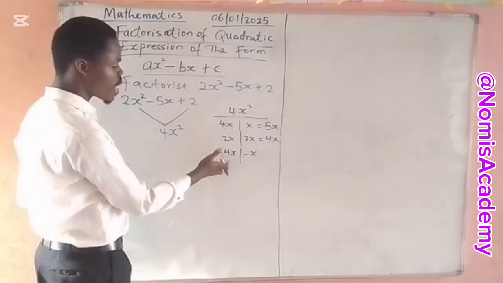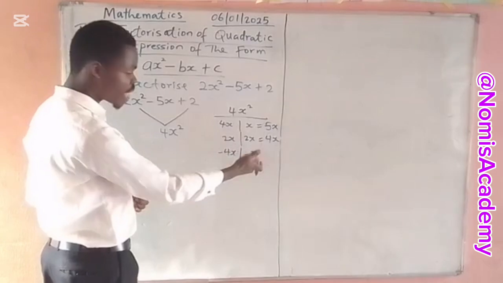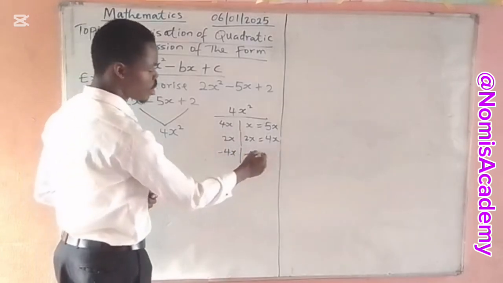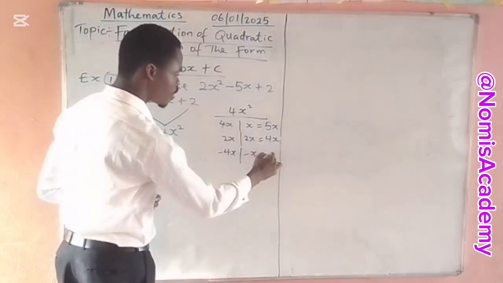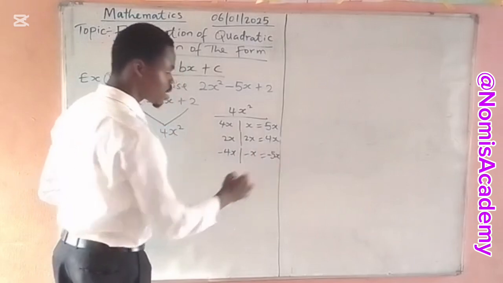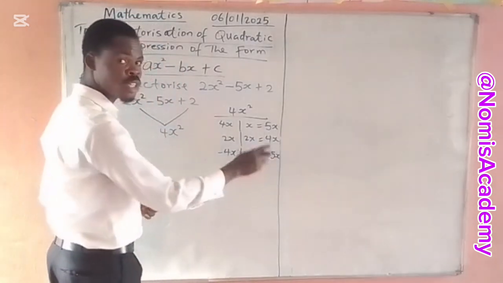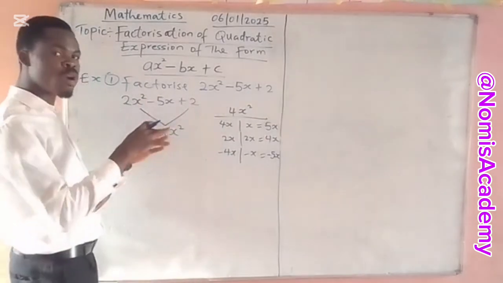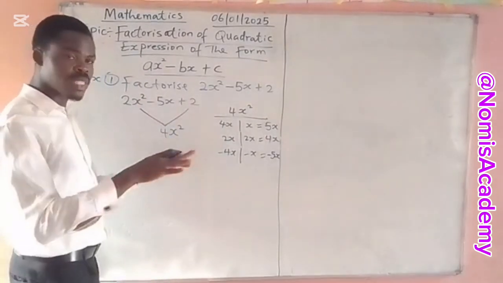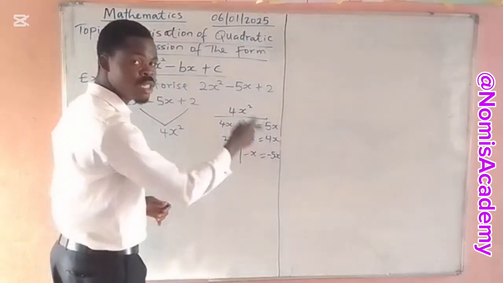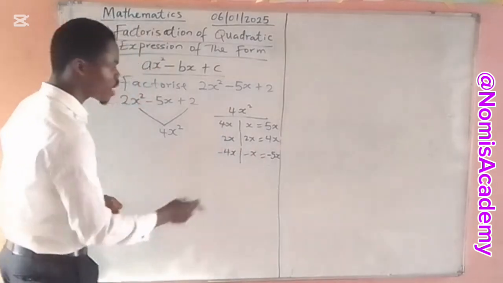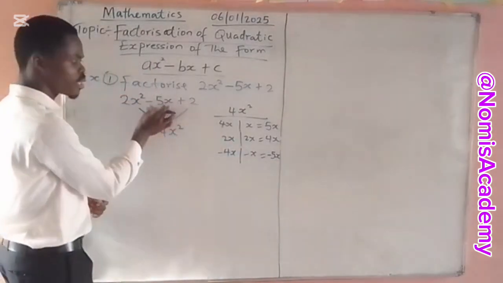And then the sum, minus 4x minus x, sums up to minus 5x. If you are confused how I got minus 5x, you can go back to your number line and study the pattern on the line, and then you get your 5x. Alright, so this is what we really want.